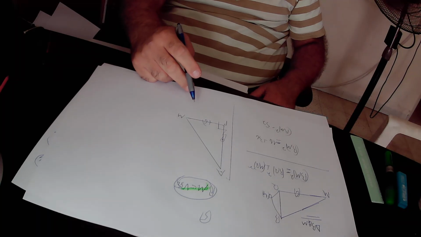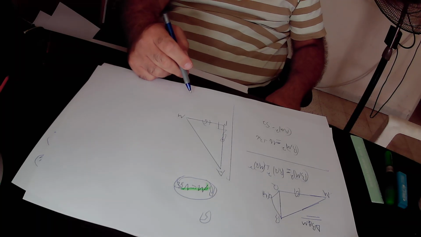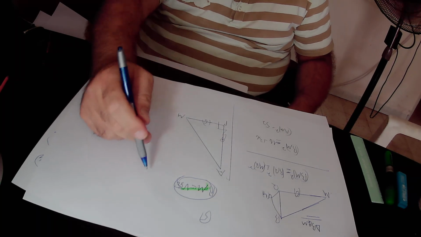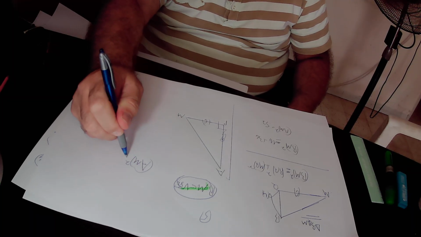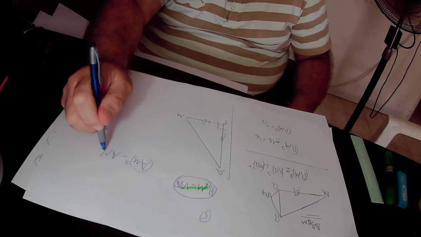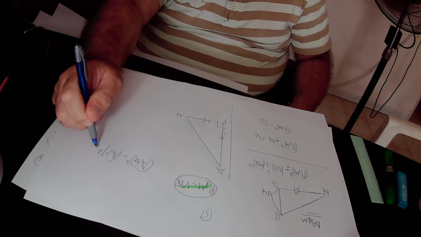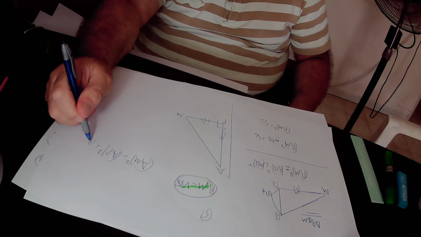This is right triangle APM, taken from the original drawing. In this right triangle APM, AM squared is the square of the hypotenuse, equals AP squared plus PM squared.